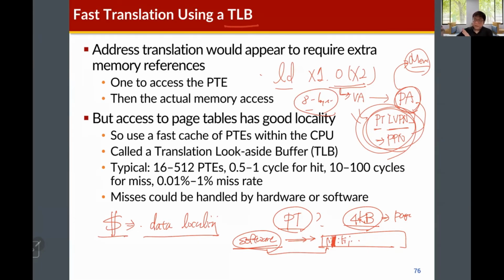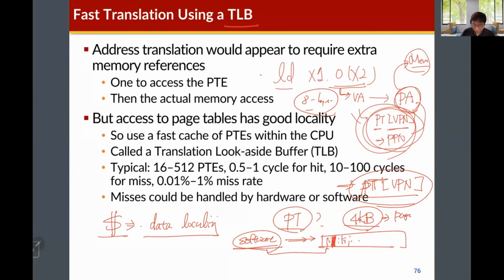When certain data in a page is accessed, with high probability the same software will access the neighbor data included in the same page. So which means that when this PT VPN is requested, with very high probability the same page table entry will be requested again and again. Do you understand? Right.